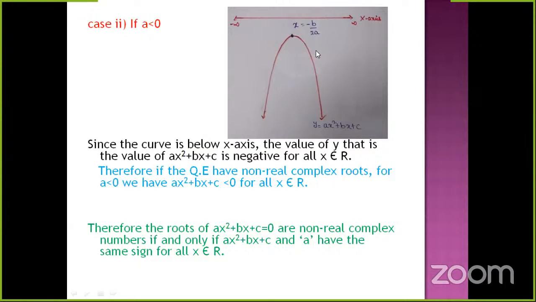So from this I can conclude that the sign of ax square plus bx plus c is negative for all x belongs to R in this condition. Therefore, if the quadratic equation has non-real complex roots for a less than 0, the quadratic expression sign is also less than 0. So in both the conditions, if the quadratic expression is having complex roots, then a and the quadratic expression have the same sign, either both positive or both negative.